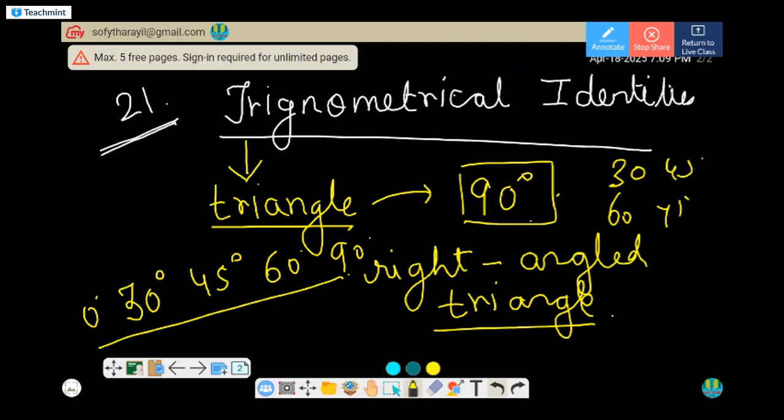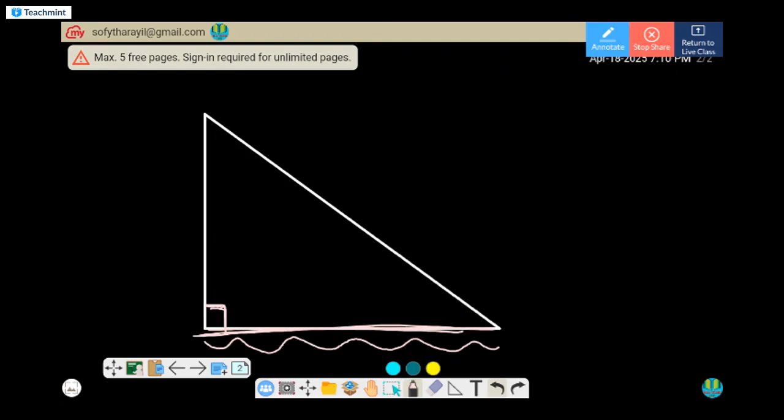Now we need to know some terms whenever we have a 90-degree triangle, that is a right angle triangle. This is a 90-degree. Now the whole triangle is based on this. It's standing on this particular side. So this bottom side will be called the base of the triangle. And the standing line that you can see, very straight line, that's technically the height of the triangle.